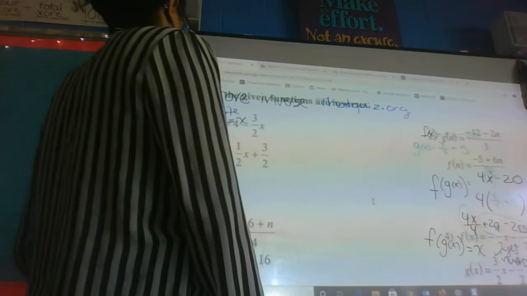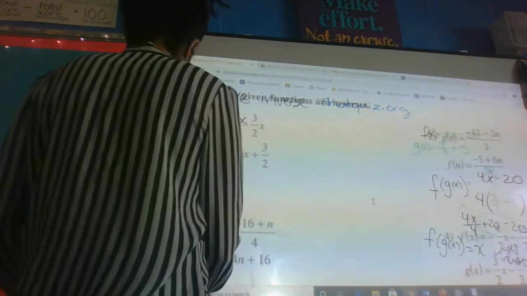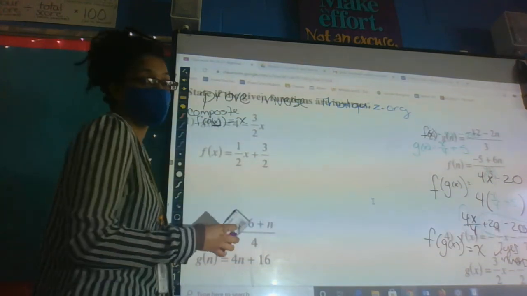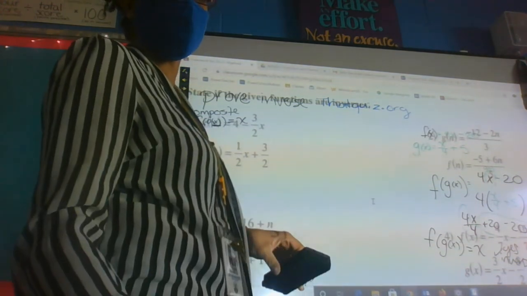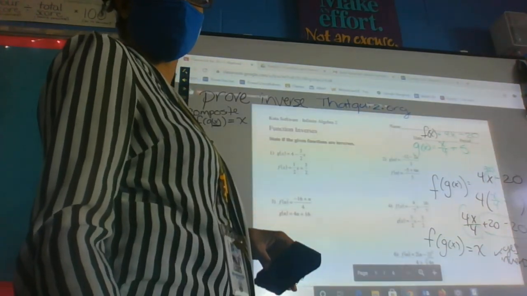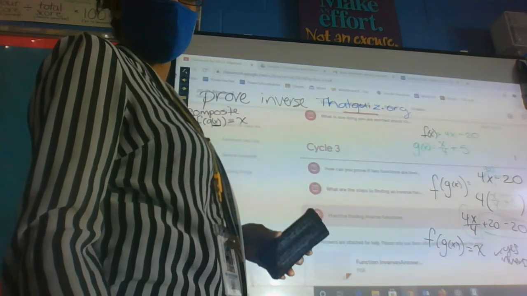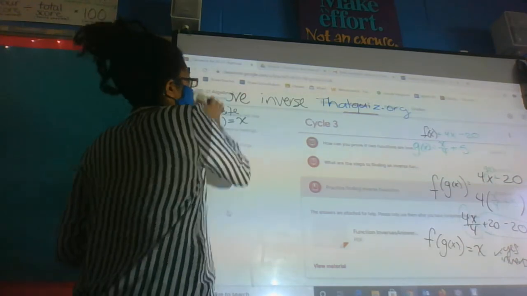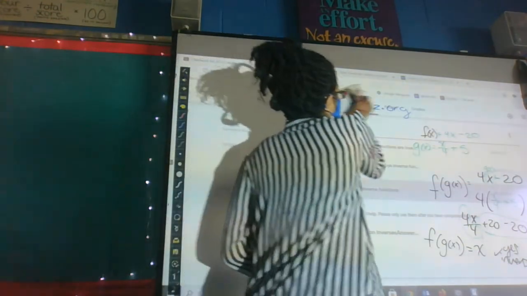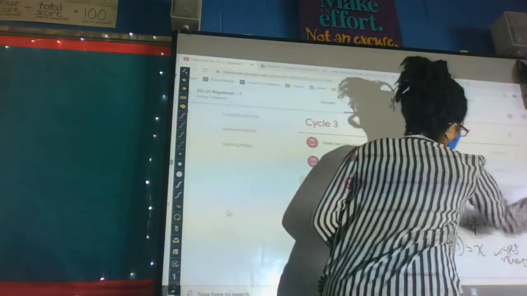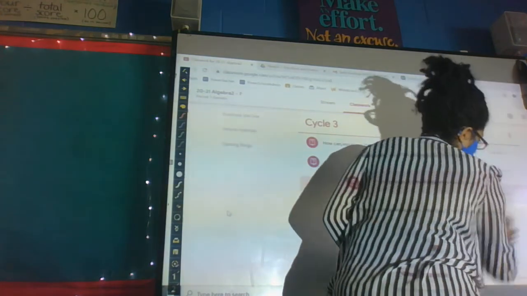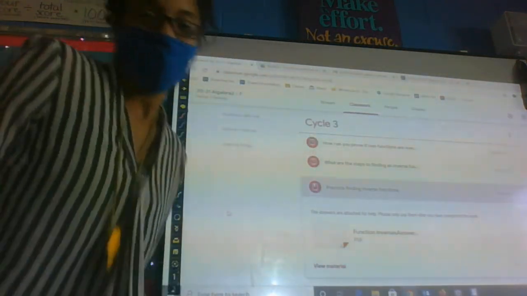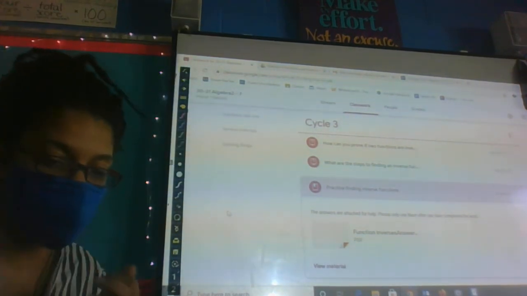So ready, set, go. On Google Classroom, it's in cycle 3. There aren't a lot of assignments in cycle 3. I posted it after class last time. Practice finding inverse functions. If you get to a problem and you're like, this is too much, go to the next one. Don't stay stuck on one. Because I'm sure a lot of you are going to be stuck on number 1.